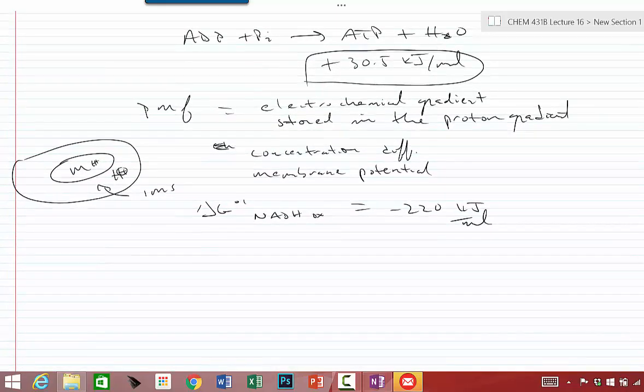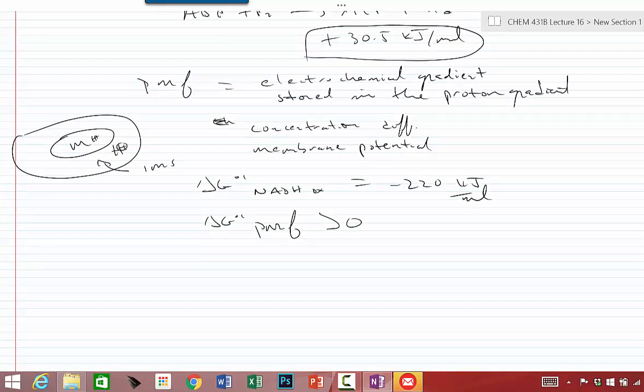We want to compare that to the delta G of the proton motive force. In other words, how much energy it takes to push a proton from the inside to the outside, which, by the way, is going to be a positive number. It's going to be greater than 0 because we're going against the gradient.